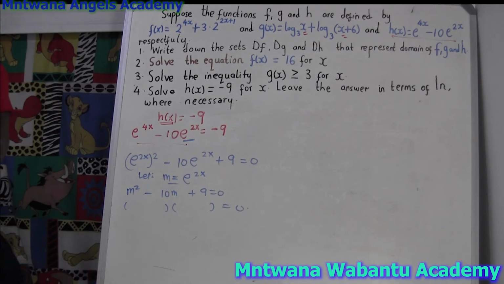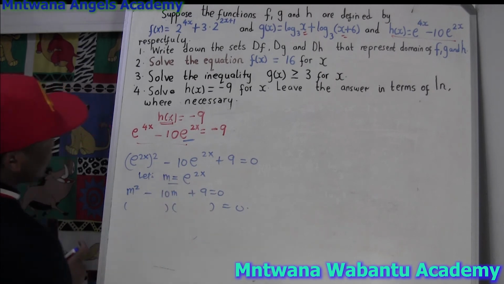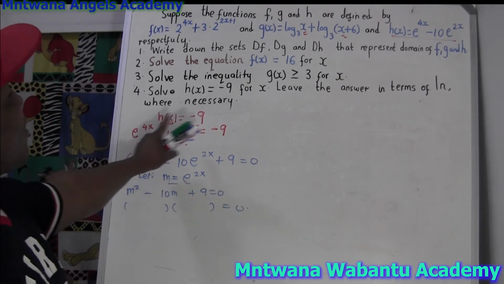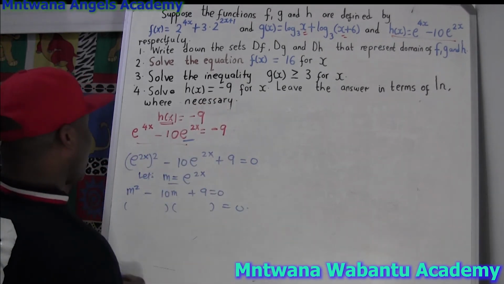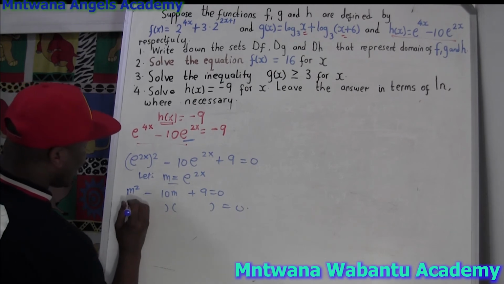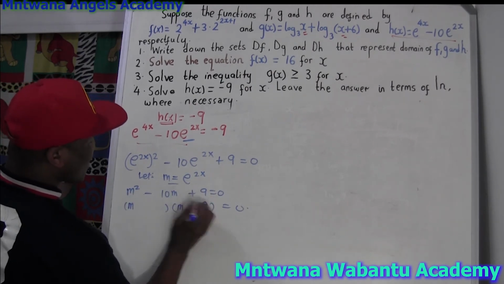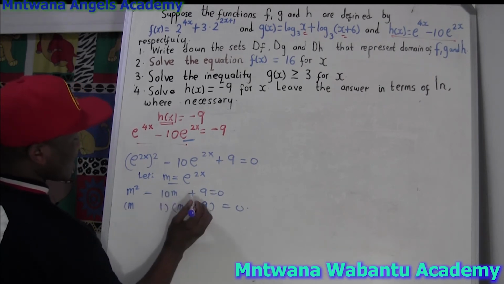So how are we going to solve a quadratic? m squared means this must be m and this must be m. How are we going to get 9? One must be 9 and one must be 1. But to get -10, both must be negative.